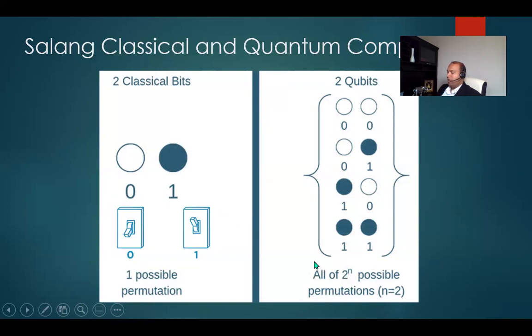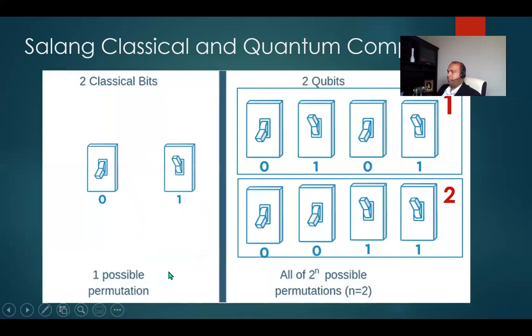Whereas when you see the possible permutations, a classical one could have only one state at a time versus multiple states at a time, and how it can exponentially calculate the permutations. This is calculating one possible permutation. So let's look a little bit more closely. What's happening here is one possible computation is having 0 and 1, one permutation, two states.